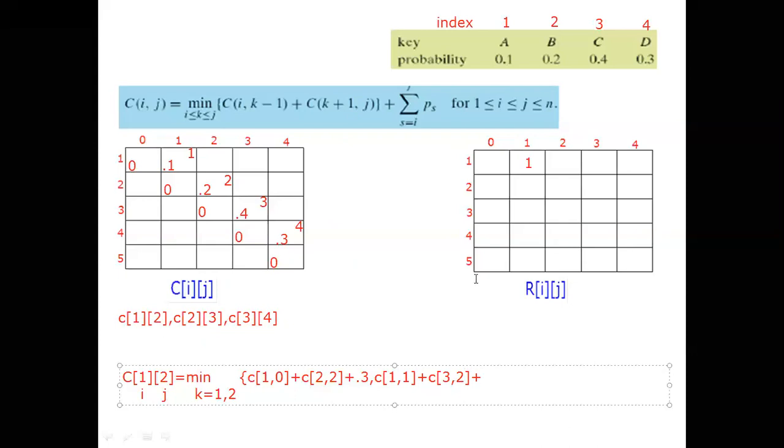Plus. Again sigma. Sigma is common for all the K's because it is I to J. It is not dependent upon K. What is PS? Previously value, what we calculated, same thing, 0.3. I can close it. Now I will write the values.